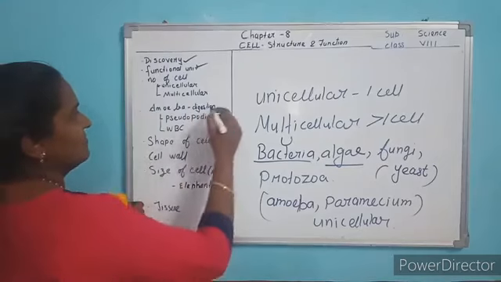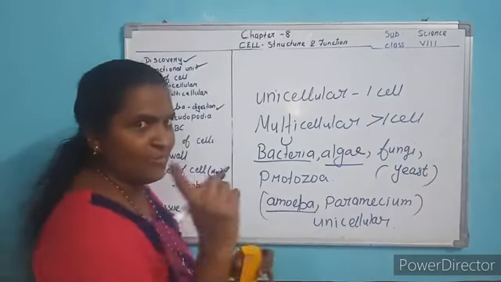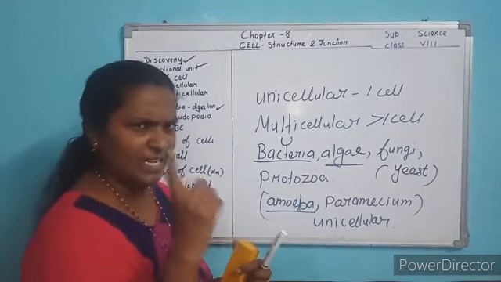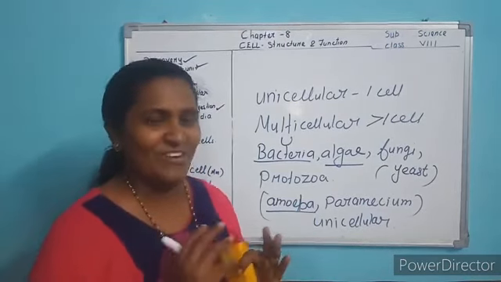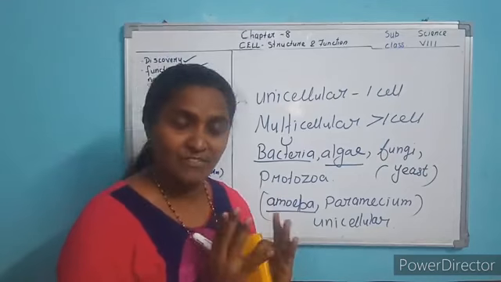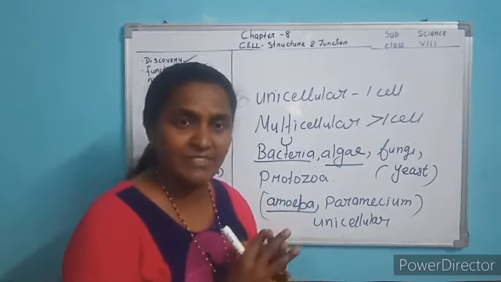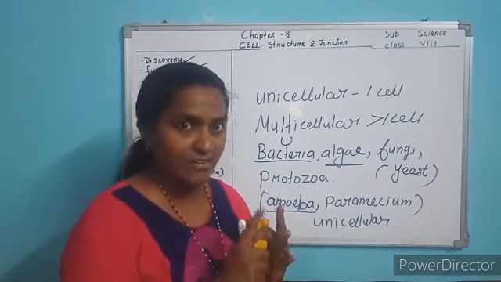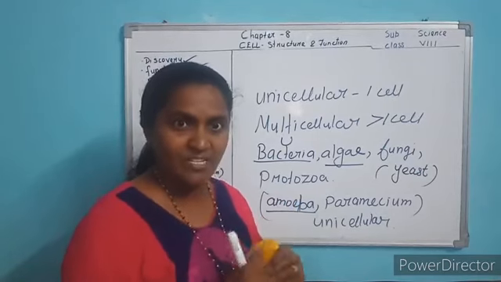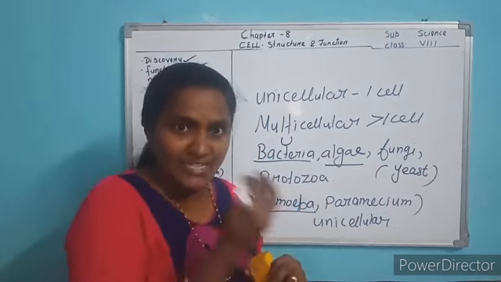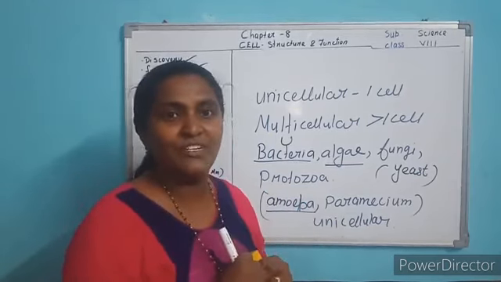Amoeba. I told you amoeba is a unicellular organism. It has only one cell, but it functions like a multicellular organism. It does all the activities like digestion, respiration, and assimilation. Assimilation means getting the food inside, engulfing the food.